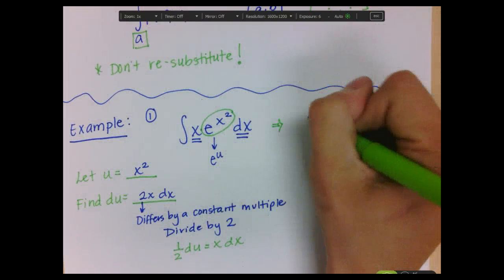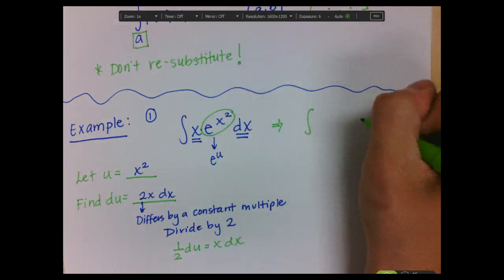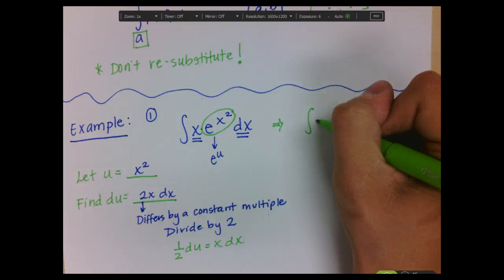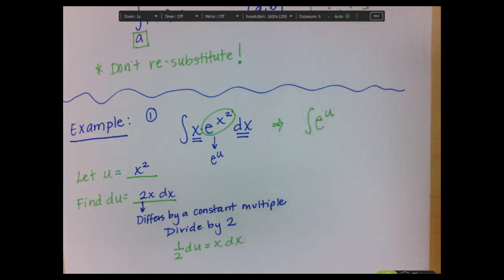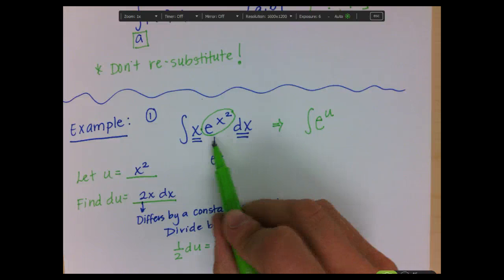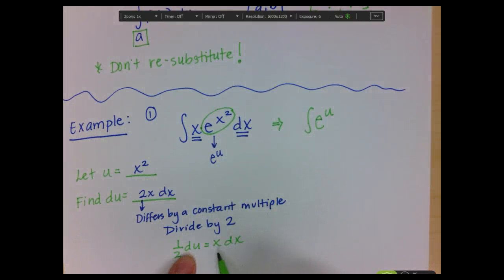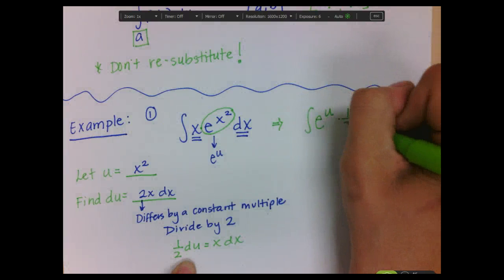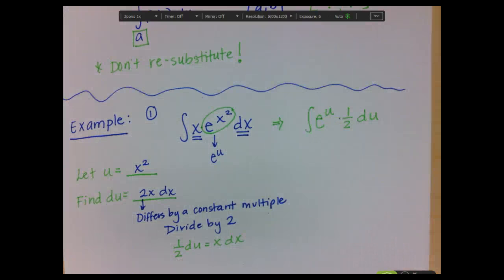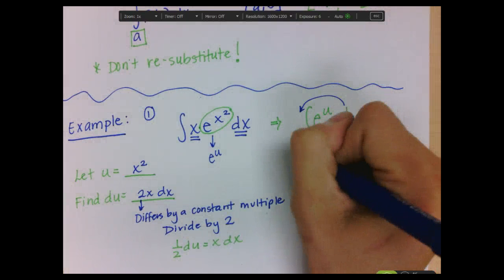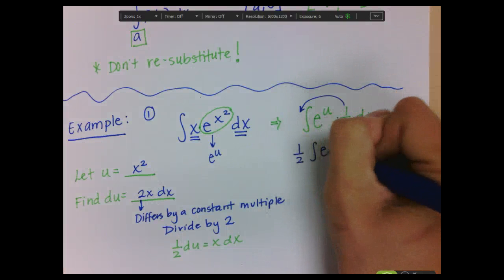Alright, so let's plug everything in and completely change the variables of this problem. So once again, e to the x squared is e to the u, and then x dx, remember we had to divide, x dx is equivalent to 1/2 du. So that is what we're going to integrate. Now you can pull that constant multiple out in the front.